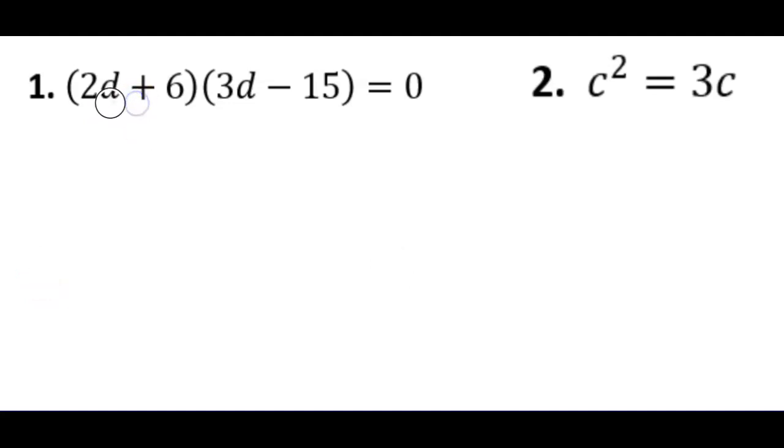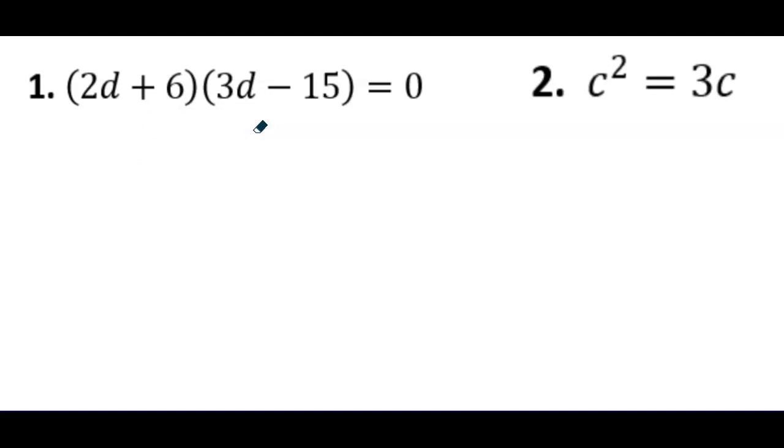So let's practice on the easy ones. And then, this is negative 15, so this is going to have to end up being 15, so 3 times 5 is negative 15. But let's prove that algebraically. Okay, so my guess is this answer is going to be negative 3, and this answer is going to be 5. Those are different, right? So that's important. It's important that we find both answers and that we figure out how to do this.